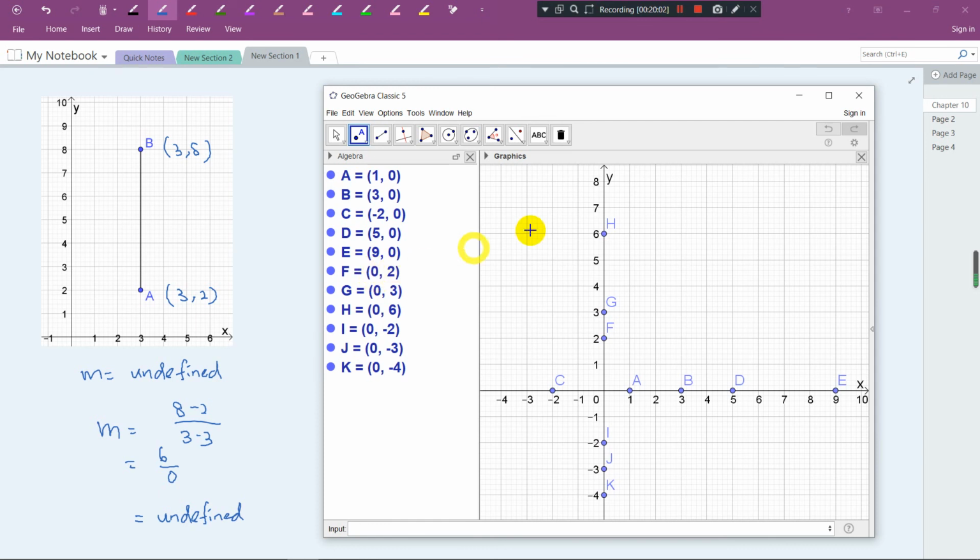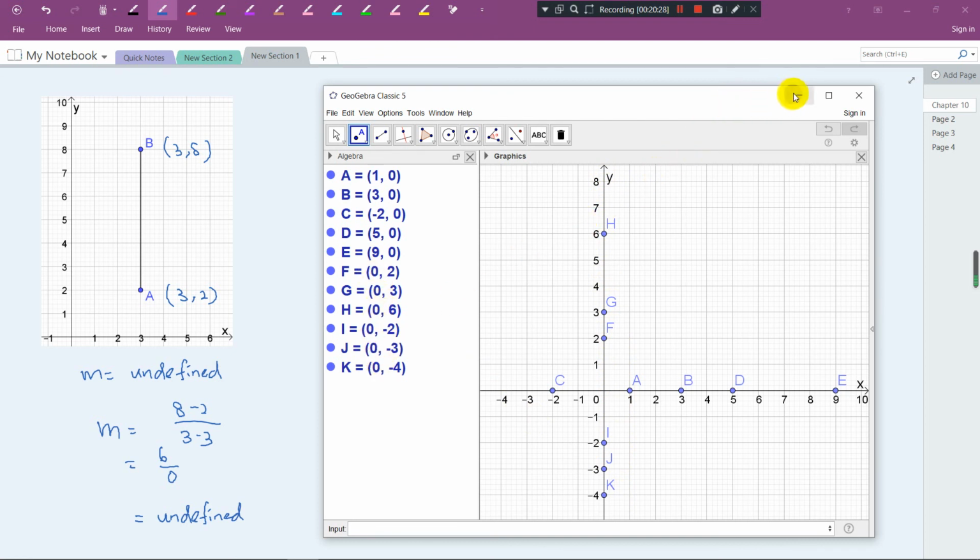That's why I say on y-axis, x is equal to 0. So remember this, on x-axis, y equals 0. Let me repeat again. On x-axis, y is equal to 0. On y-axis, x is equal to 0.